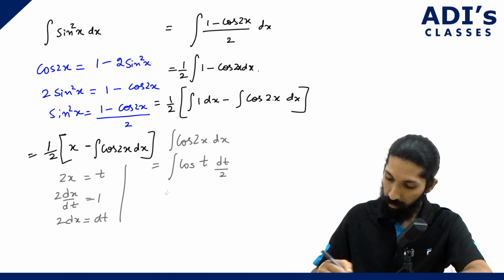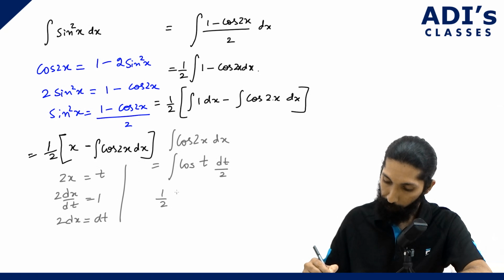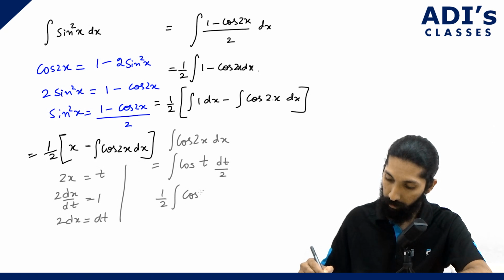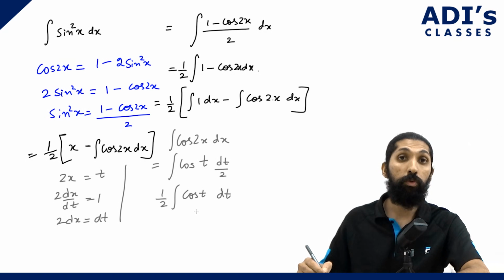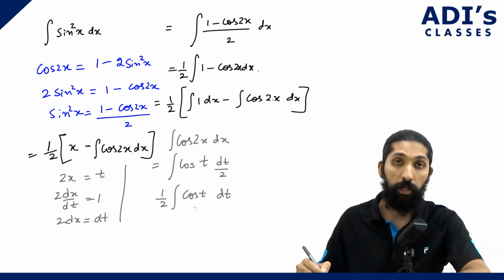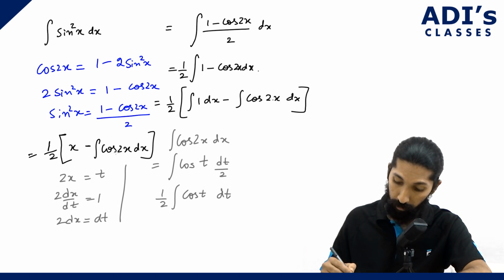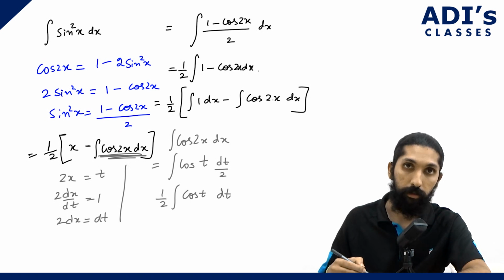So you'll get this as half integral of cos t dt. Now once you get the value of this one, we need to put it in this cos 2x dx form, isn't it?